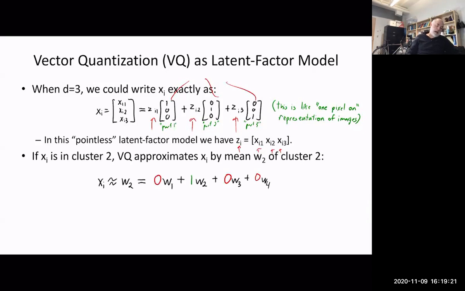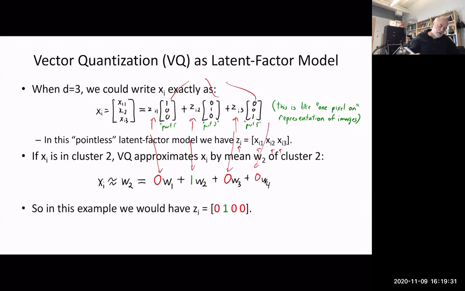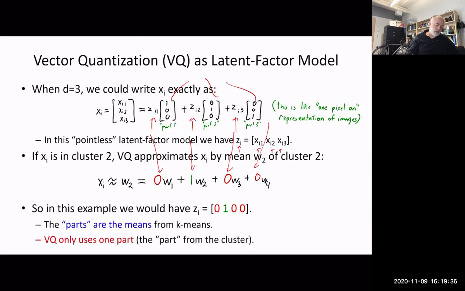The way to think about that is that we have some weights, these are the z's again, and we have the cluster means, and those are going to be the parts. So these are the parts, and these are the weights.